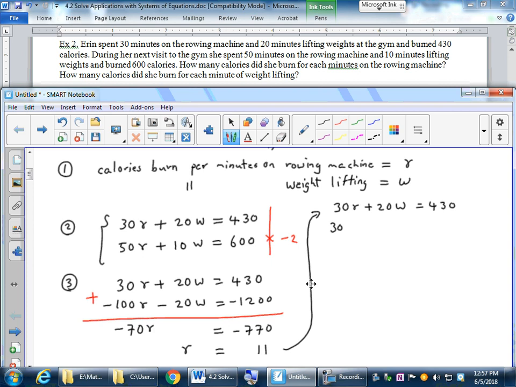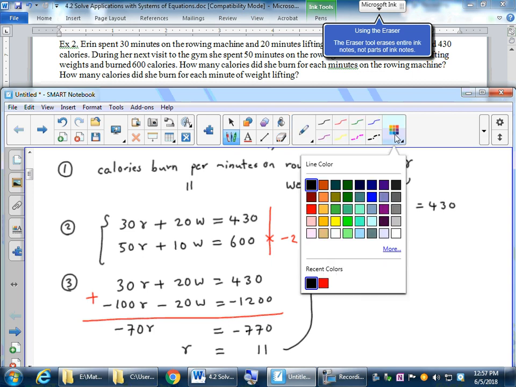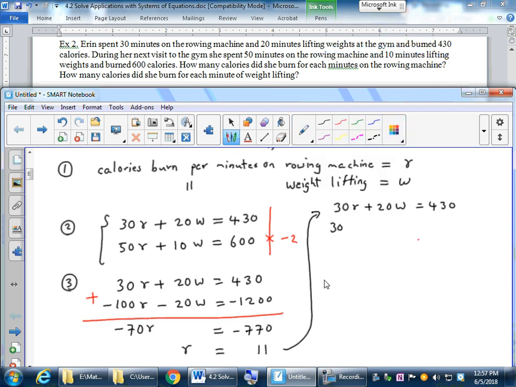So 30 times 11, substituting the variable R, which is 11, and then plus 20W equal to 430, so which is 330 plus 20W is equal to 430.